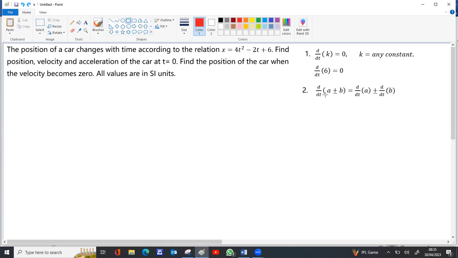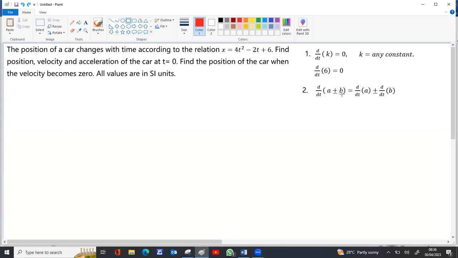Meaning, d by dt of any function plus or minus another function is the same as doing d by dt of the first one, as per the sign, plus or minus the rate of change of the second part.